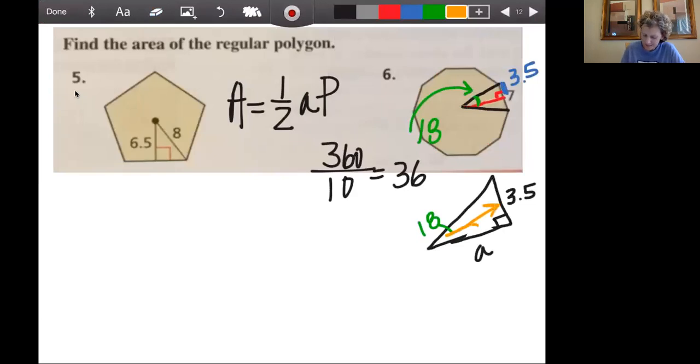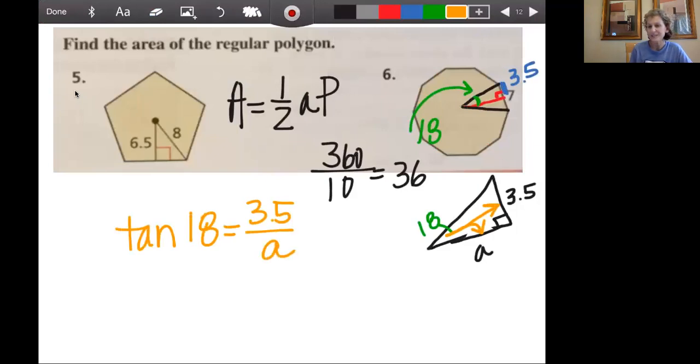I need the adjacent, which is our apothem. And so opposite and adjacent, that's going to be tangent. So I could do the tangent of 18 equals opposite over adjacent. See the variable in the bottom? That's a switcheroo. And so my apothem will equal 3.5 divided by the tangent of 18.